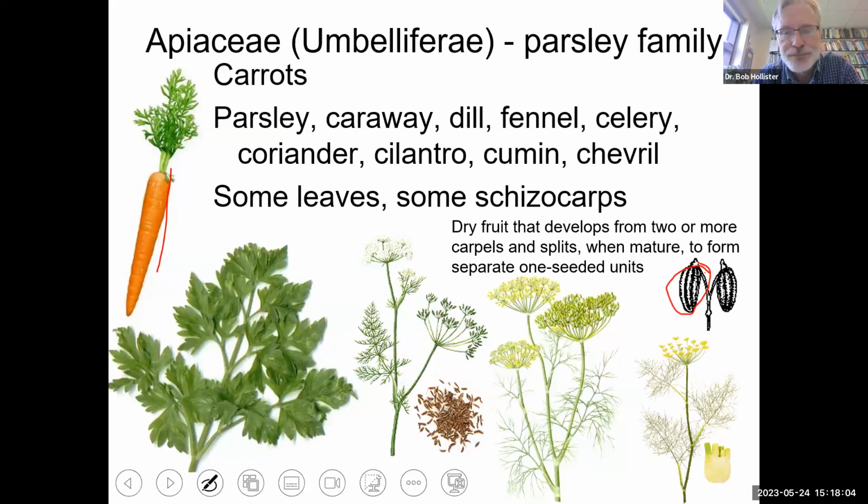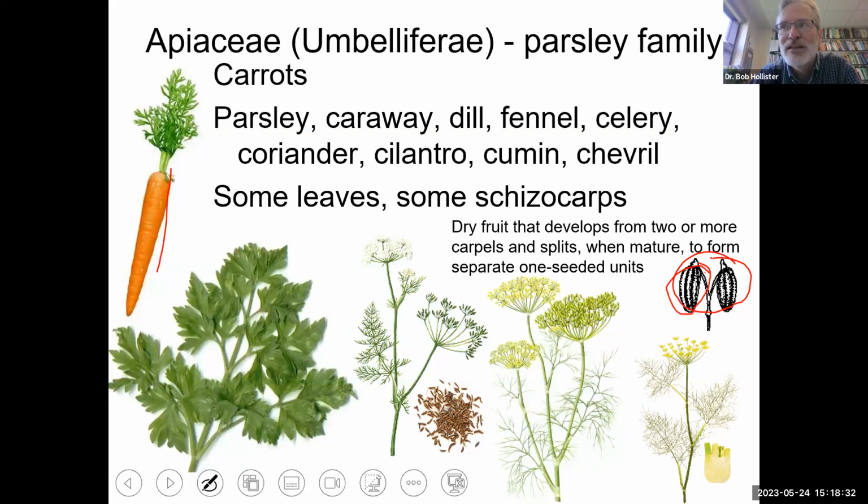So fennel, cumin, both of those we eat the leafy part and then the schizocarp. So that's these paired fruit/seeds. It's kind of funny that one of the most poisonous plants is actually our food plant.